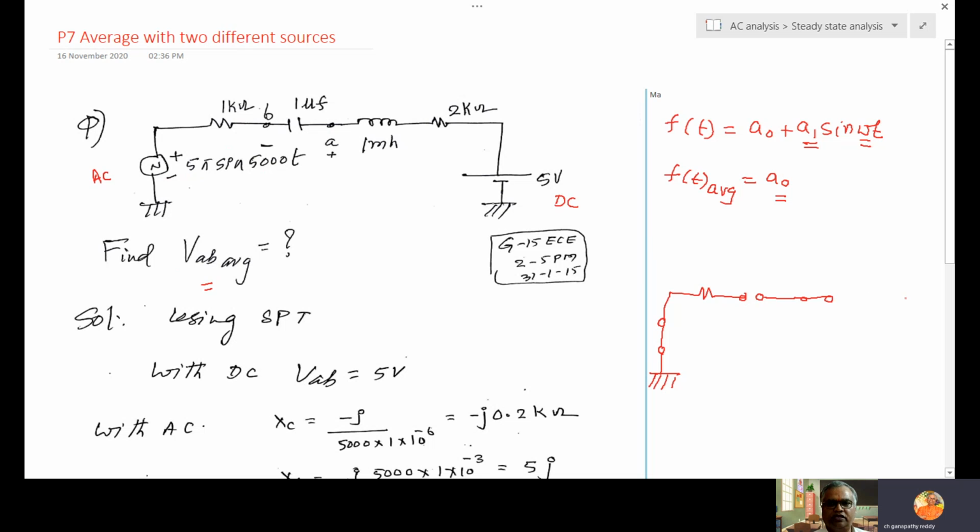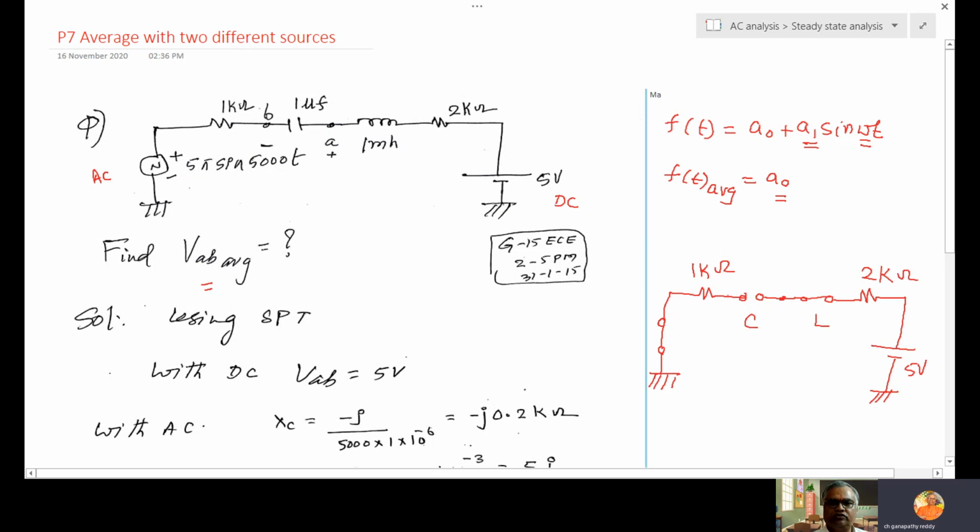And this resistor is as it is. And there is a DC voltage of 5 volts. This is 2 kilo ohm. This is 1 kilo ohm. And capacitor open, inductor short.